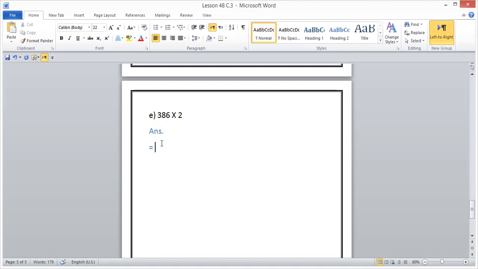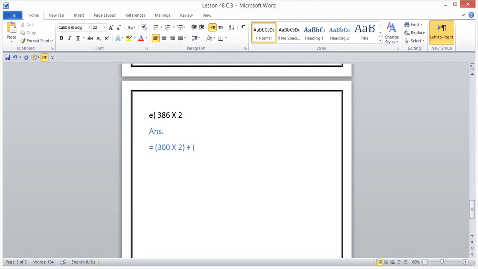3 is on the hundreds place. So what will be the value of 3? Yes, 300. So multiply 300 by 2 first, then plus.